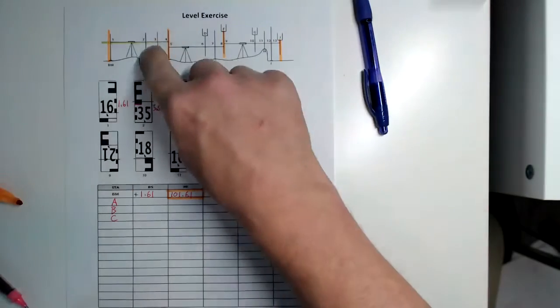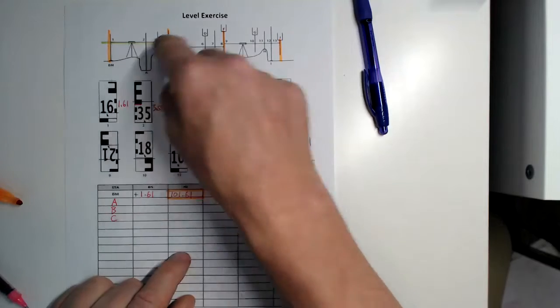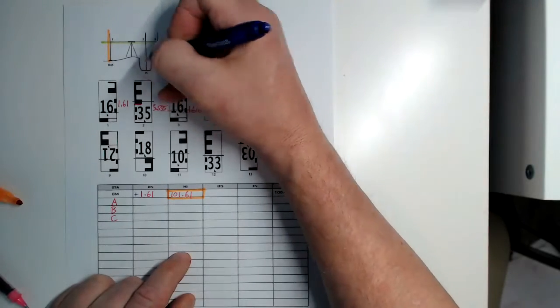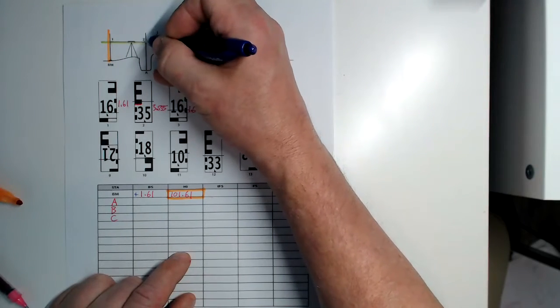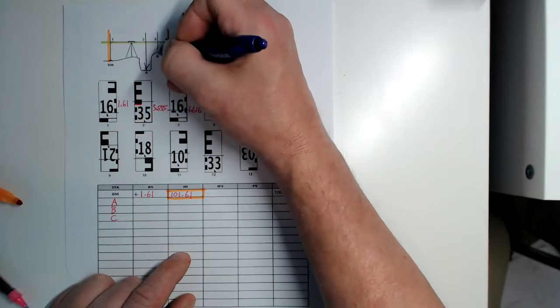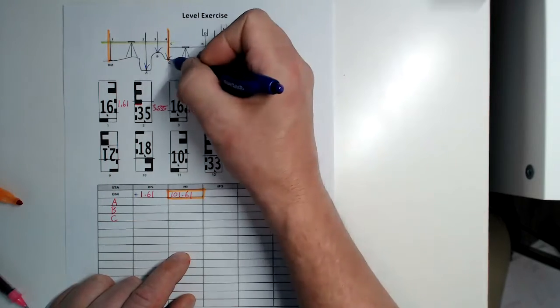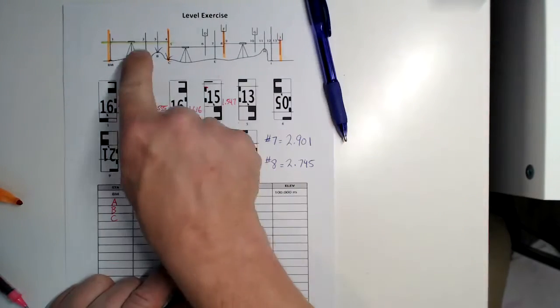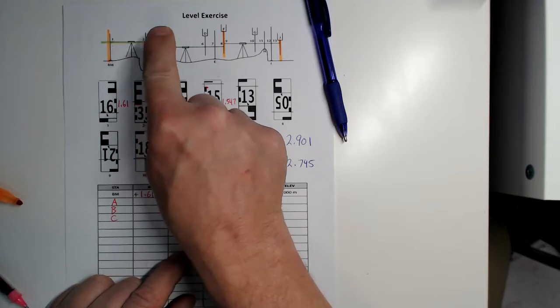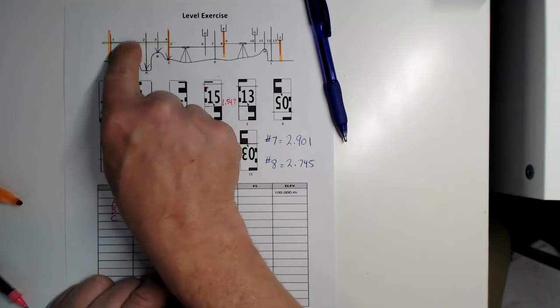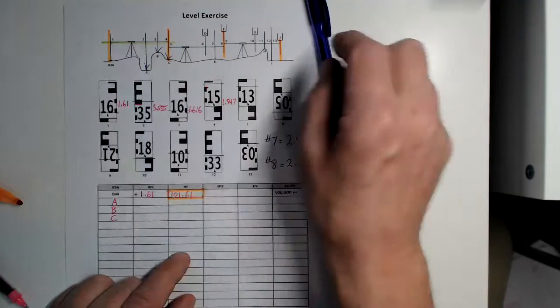That's where you need to think of yourself as being. So from instrument height, in all 3 of these cases, we have to move down to get to these stations on the ground, which means all 3 of these readings we will subtract from instrument height.